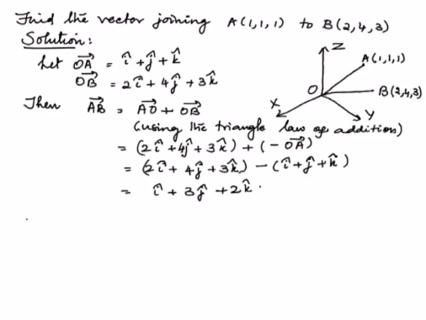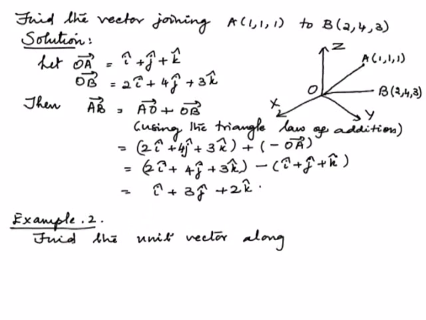is the solution. Now what if we are asked to find the unit vector along this direction? What is the formula for unit vector? We know that if we are given a vector, then its unit vector is equal to the vector divided by its modulus.